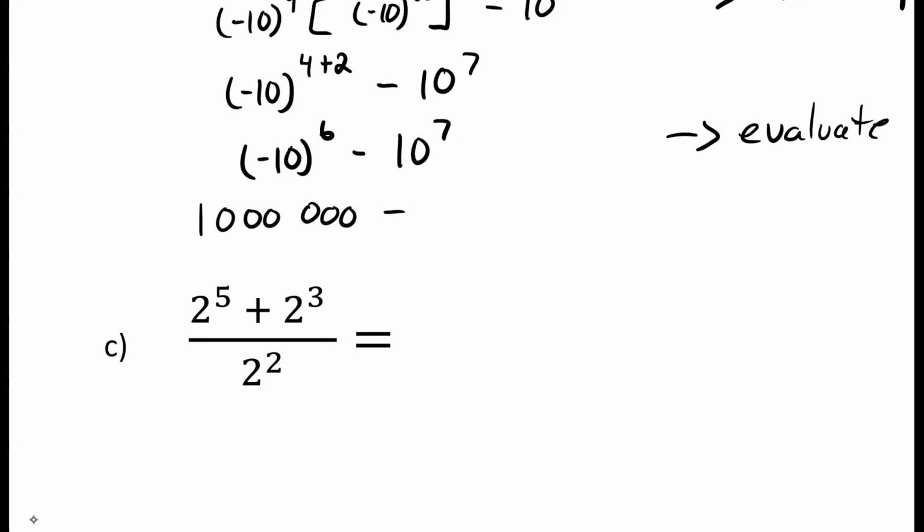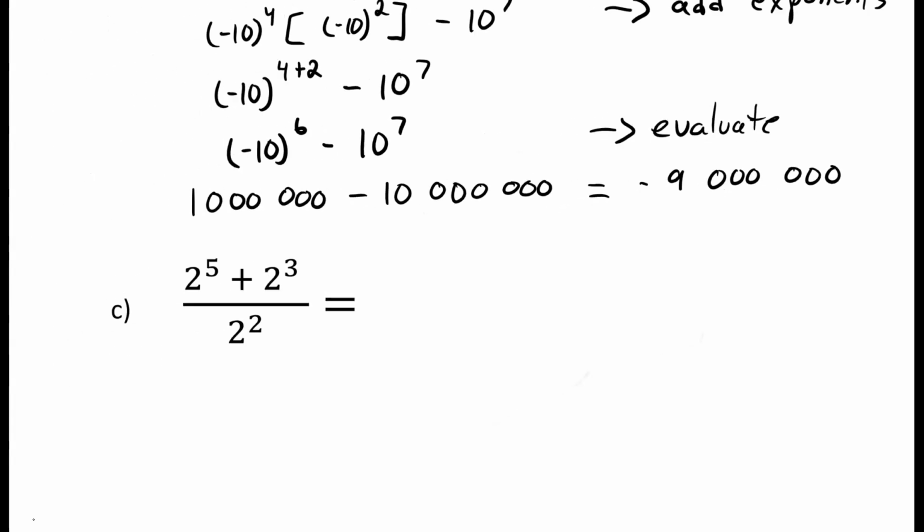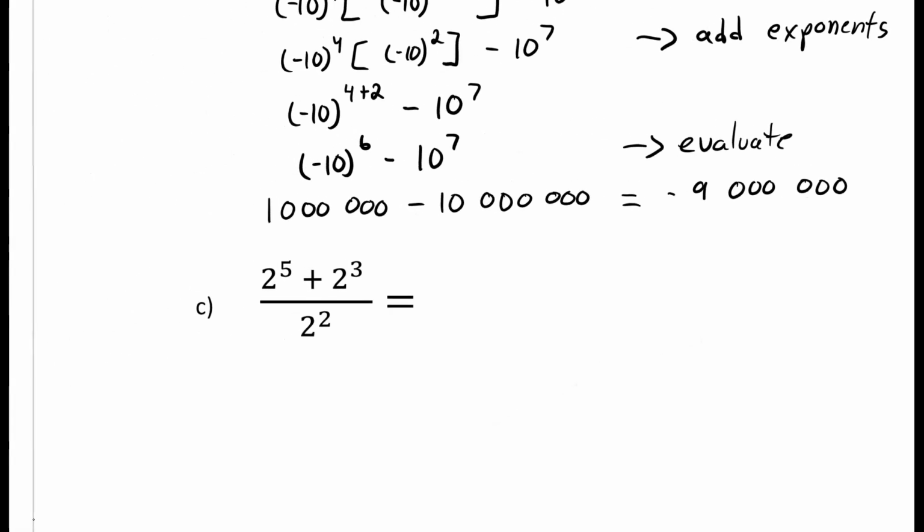Subtract 10 million, which is 10 to the power of 7. So 1 million subtract 10 million gets us negative 9 million, and that would be our final answer.